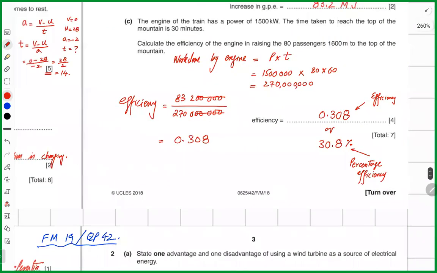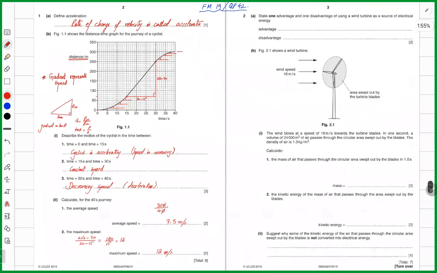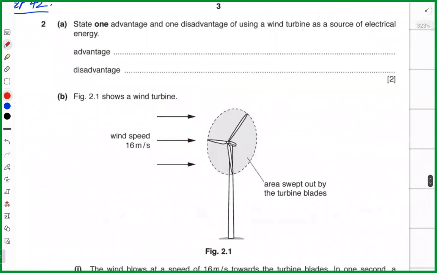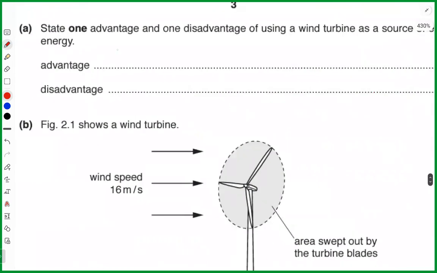Okay, let's see, we have one more energy question. State one advantage and one disadvantage of using a wind turbine as a source of electric energy. Advantage: it's renewable, free of cost, no carbon footprint.